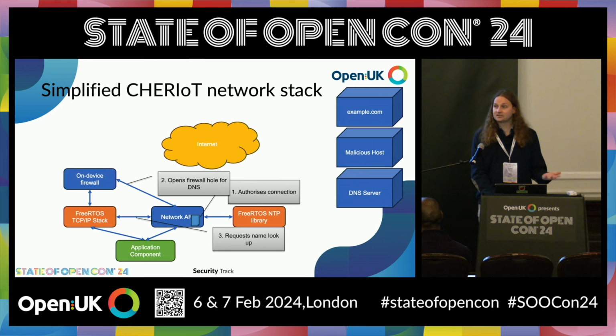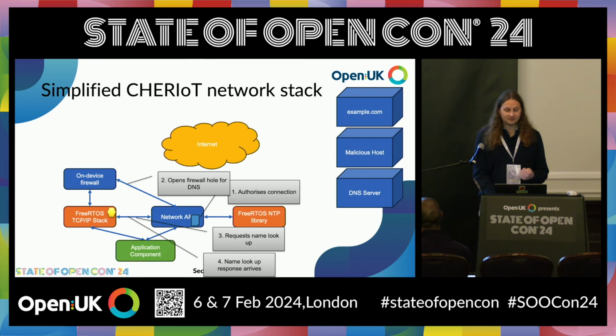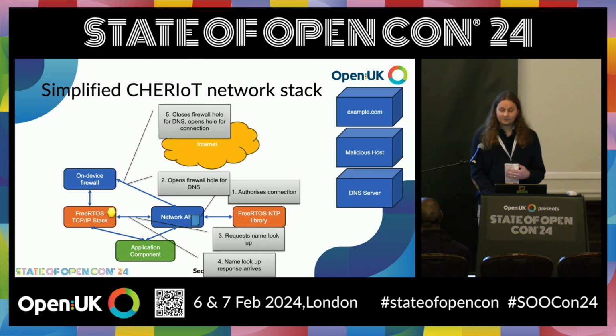And then it asks the network stack to look up the address and create a connection. So DNS request goes out, DNS request comes back, and we get the name lookup response, and we get the sealed connection object. The control plane compartment then closes the firewall hole, so anything that's spoofing the DNS server's source address now can't attack our network stack.